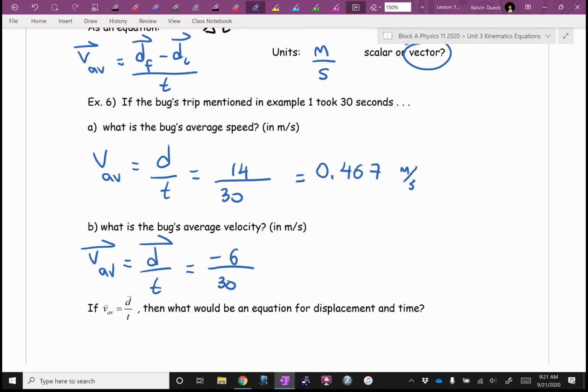Its velocity would be negative 0.2, I think, yes? If you wanted to go to 3 sig figs, you could add a couple of zeros there. Meters per second. On average, it was traveling backwards. Technically. On average. Even though it did spend some time going forwards.